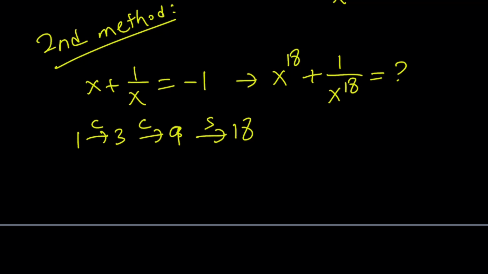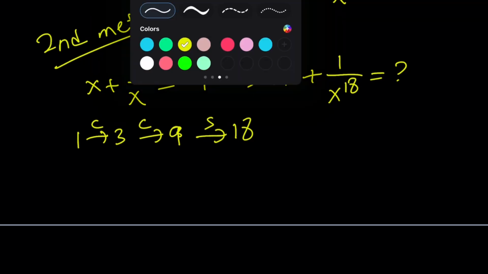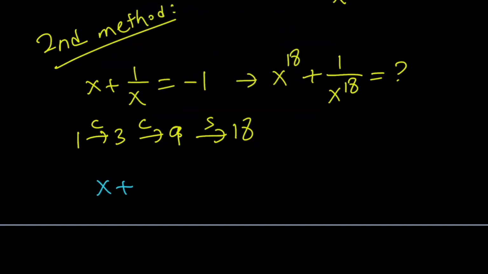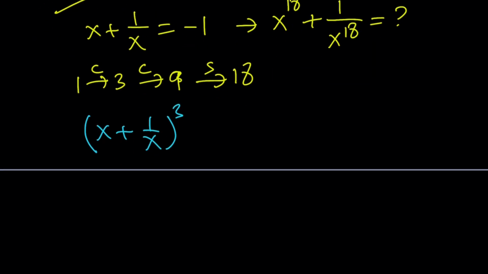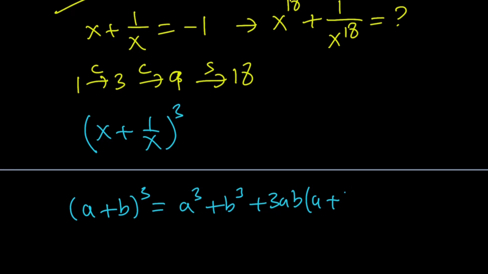Okay, so let's go ahead and start by cubing this expression. One thing to remember, if you are cubing a binomial like this, it's almost always helpful to use this special identity. You know that we use this for the cubic formula. I don't want to say Cardano's formula because it's not his, but anyways, that's a different story.